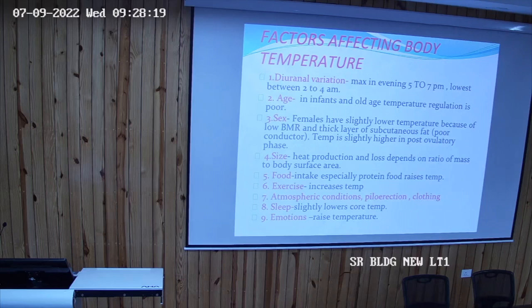Just a baby crying will increase the body temperature, and just a shower with cold water will lower it. So they are so sensitive. Their BMR is more, so the temperature is more. In old age, it is just the reverse. The BMR decreases, so there will be a decrease in the body temperature.